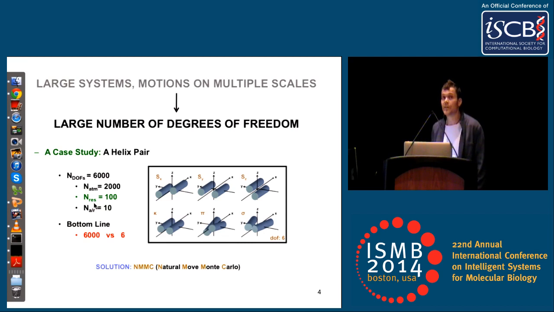However, if we start with the helices, assuming that each has roughly 100 residues, and use a bottom-to-top approach, using all the atoms and maybe molecular dynamics, we end up using three orders of magnitude more degrees of freedom, roughly 6,000, and hoping that the essential motions which describe the relative orientation of these two structural units are going to emerge.